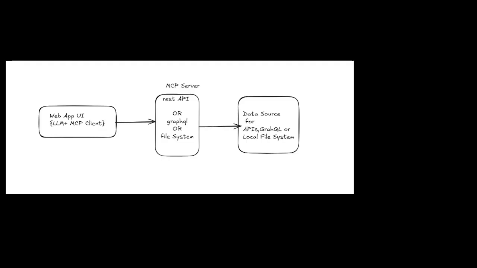The MCP client is nothing but whatever the MCP server is capable of doing, that's what we will be configuring in the web app. There is a different term called capabilities, MCP capabilities or tools.